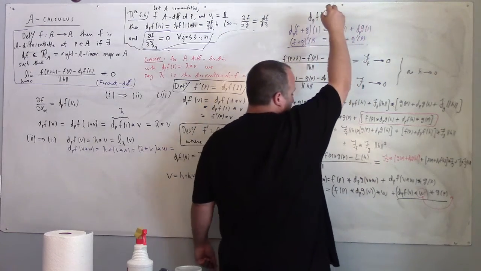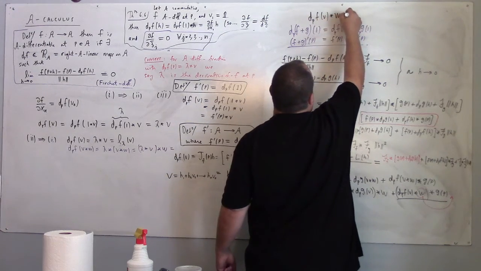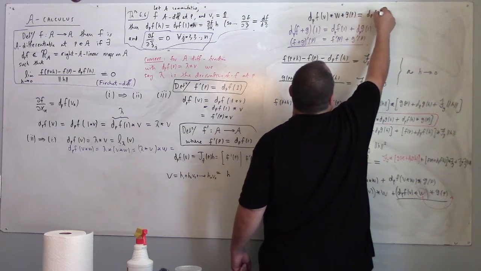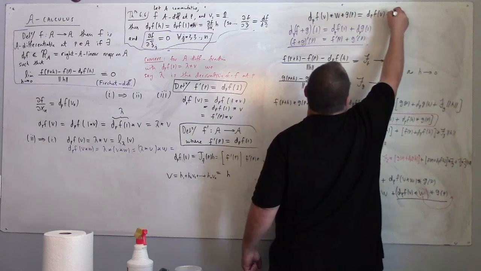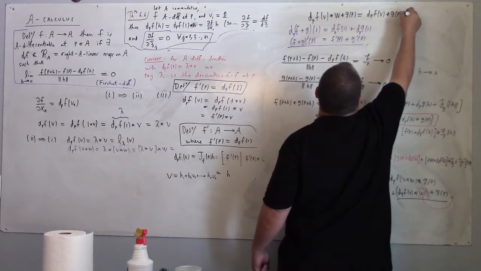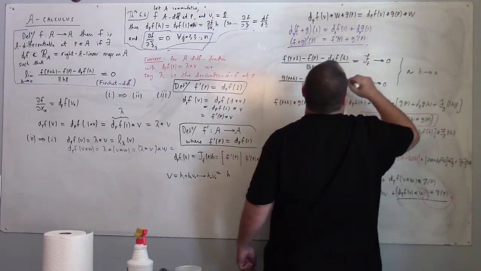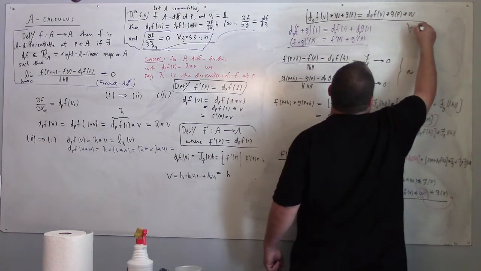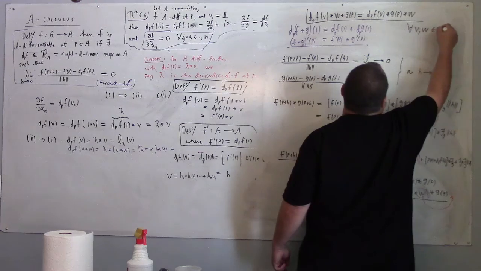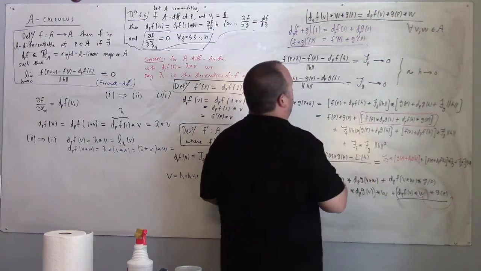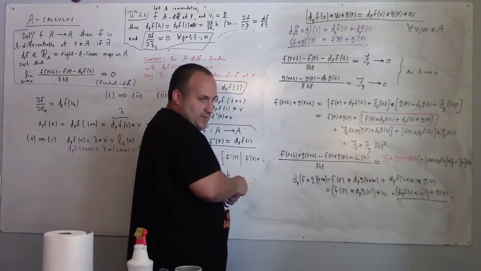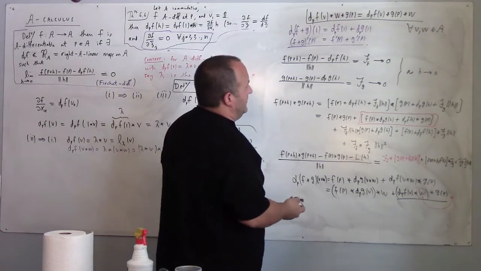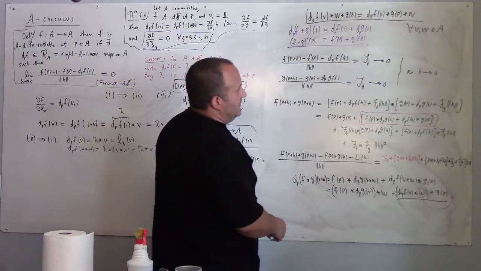We need that times w times g of p to be equal to d_pf of v times g of p times w, right? We need this for all v and w in A. See, that's the thing, we don't get to pick and choose the w. We have to show a linearity with respect to an arbitrary w we're pulling out.